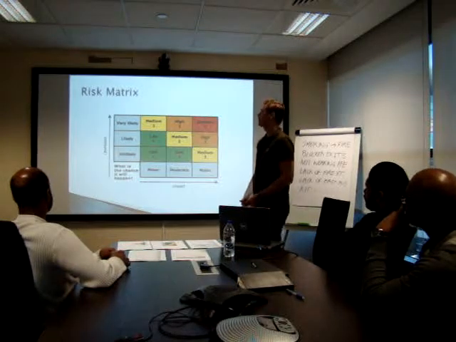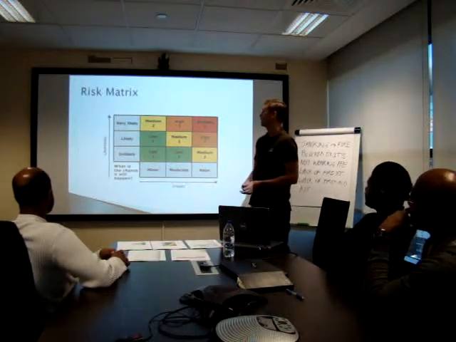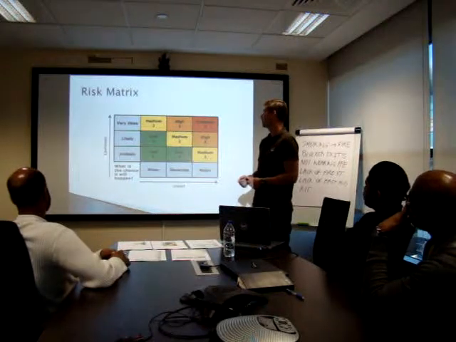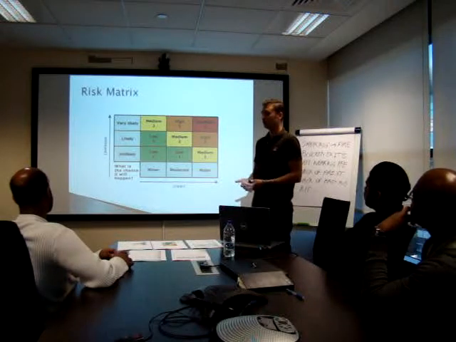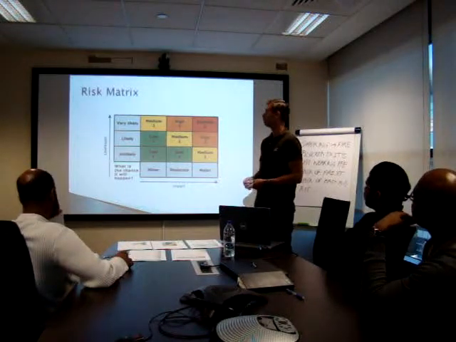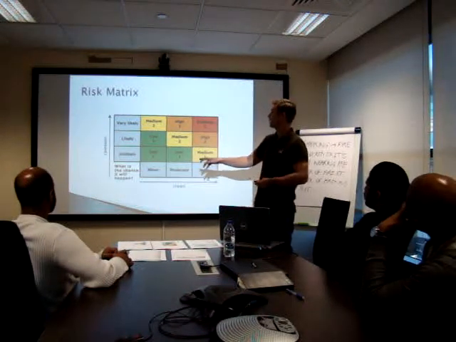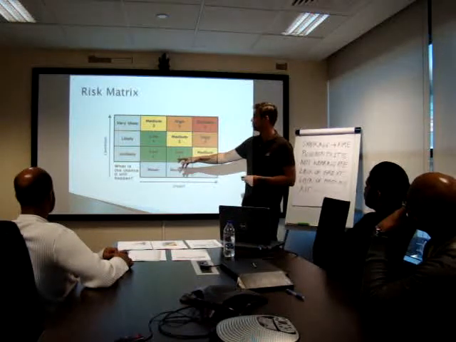Okay, so here we have the risk matrix. Now this allows us to assess the likelihood and the impact. We've seen that there's a hazard, which is a wet floor. Now we want to work out what is the chance that injury will happen.